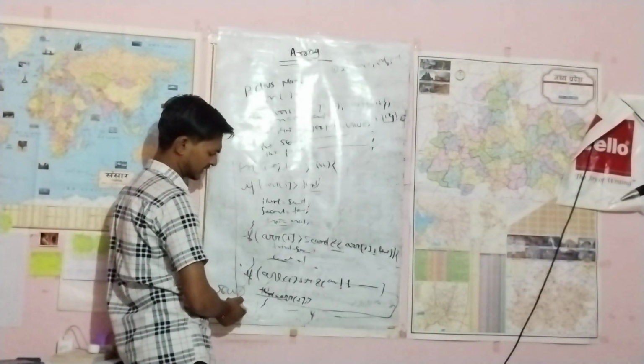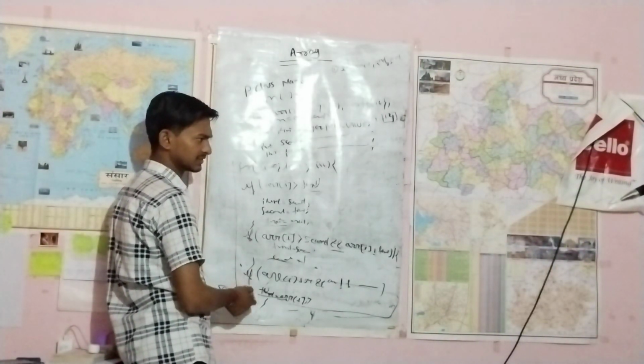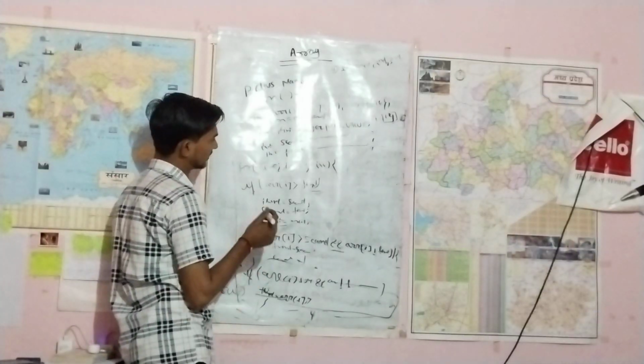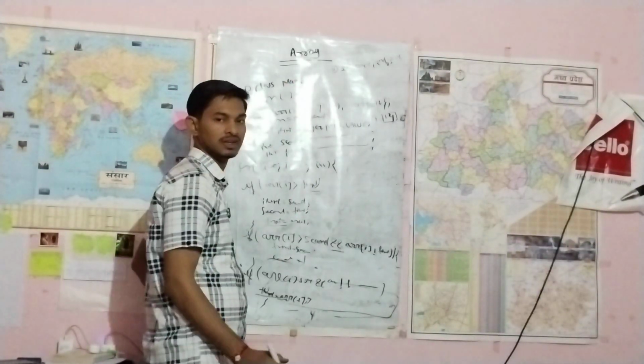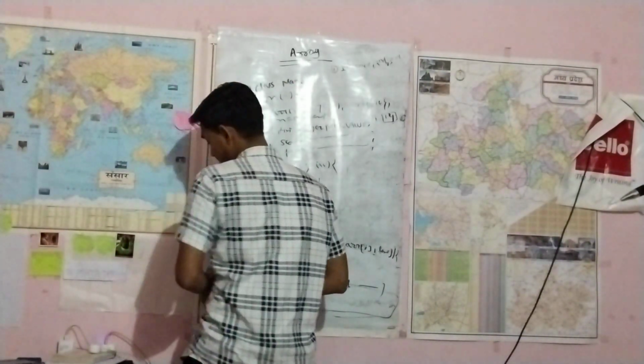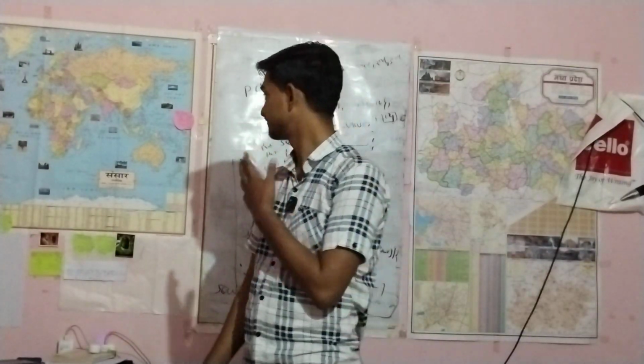So simply write here: this is the first max, this is the second max, this is the third max. That's all about first, second and third max. So that's all about this problem.